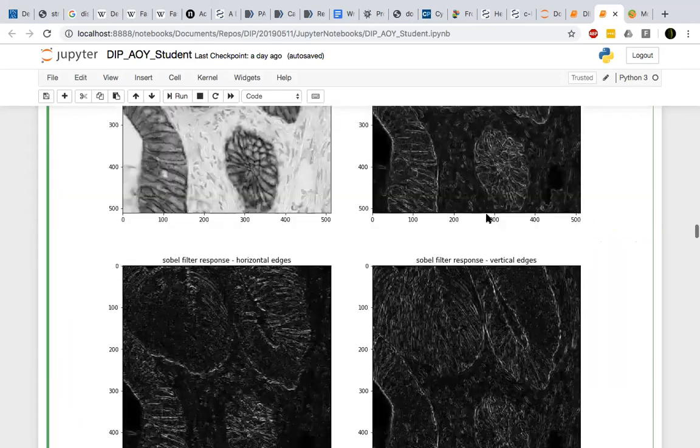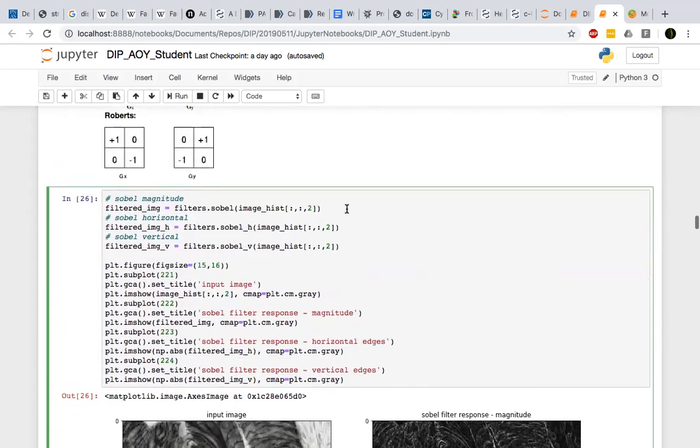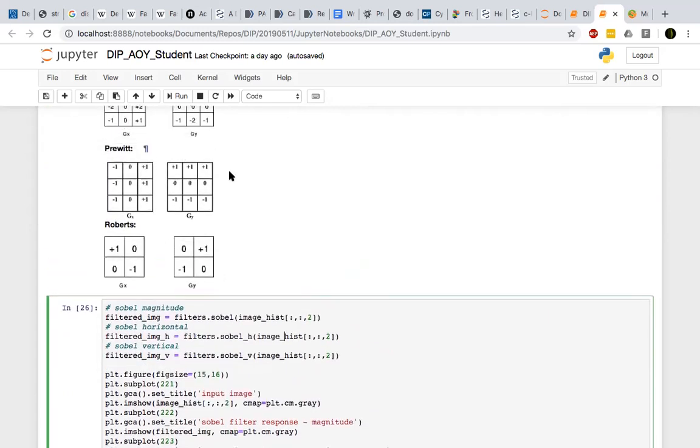Okay. So you also see that we have these implementations like Sobel, which you can just call, but implementing these things by filtering isn't too hard, because these are not particularly difficult filters to implement on your own.